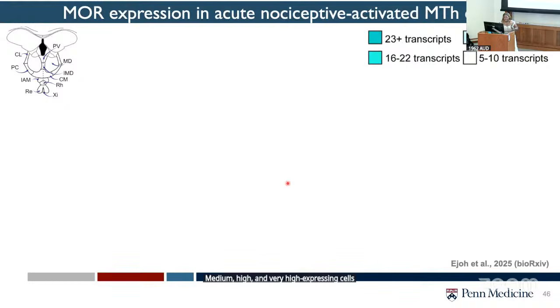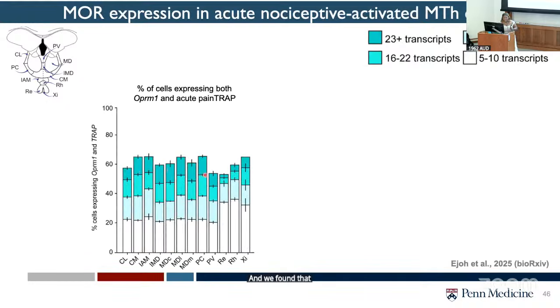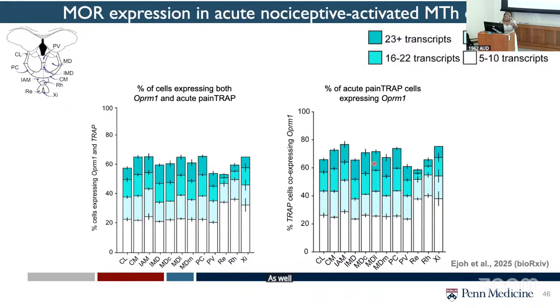And we found that 55 to 65% of cells in this medial thalamus express both acute pain TRAP and OPRM1, so there's a very high percent of cells that express both. Additionally, 55 to 75% of the cells that are acute pain TRAP positive co-express OPRM1.